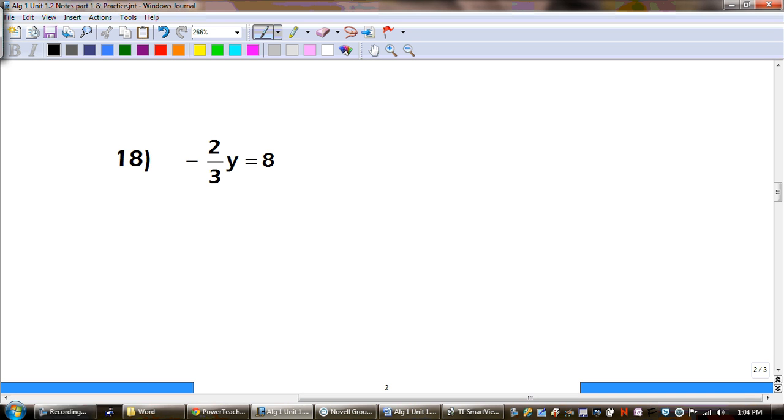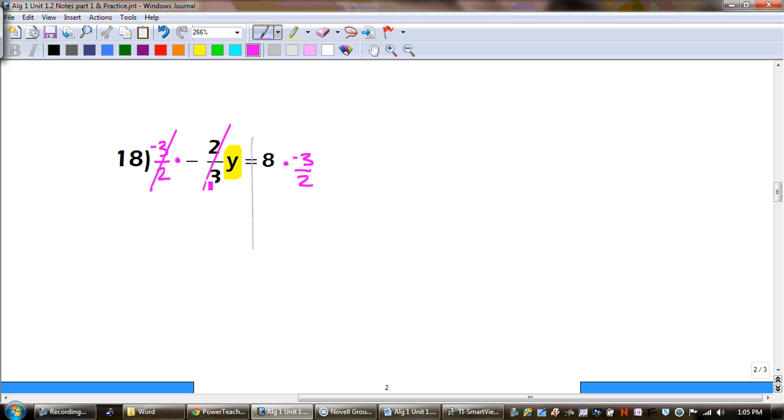Okay, number 18. We have negative 2/3 y equals 8. So I'm going to draw the line down and find where my variable is. Now I'm multiplying by a fraction, and to get rid of multiplication by a fraction, I'm going to multiply by the reciprocal. It's going to be negative 3/2 to both sides.